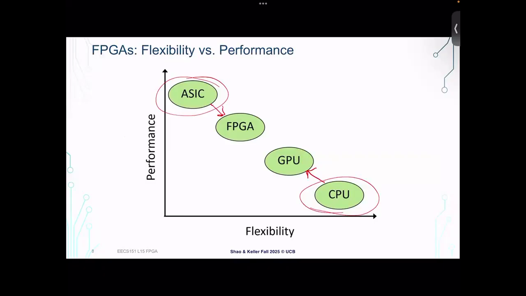Yeah, so the axes here are very conceptual or fuzzy, right? At various times people have tried to make arguments that this bubble should really be over here, or this bubble should really be up here. People try to tweak their architectures to move around on this plot.